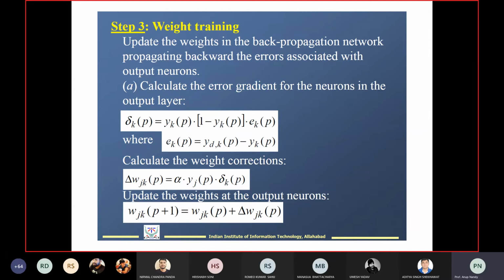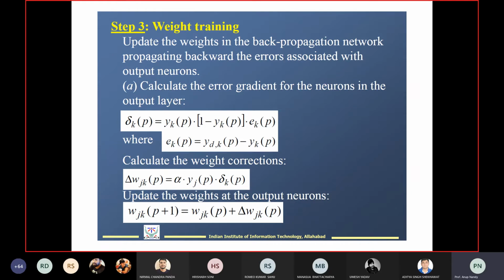Because you are back propagating from the output layer to the hidden layer, whenever you compute the update of the weights in the hidden layer, you need to consider the corrected weights of the output layer. Then only you can do it. That is why we update these weights at the output neurons first.